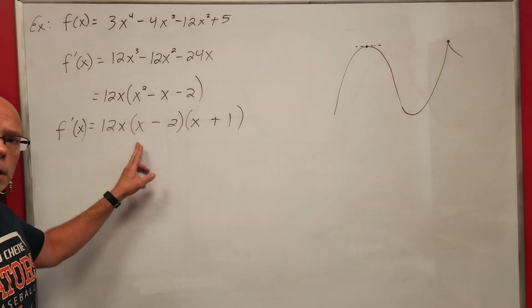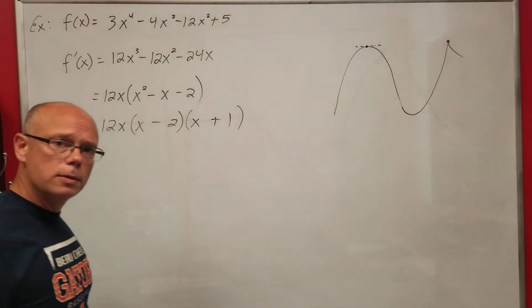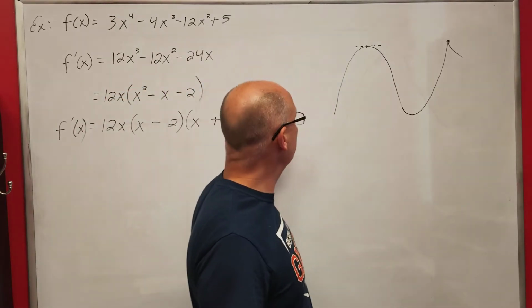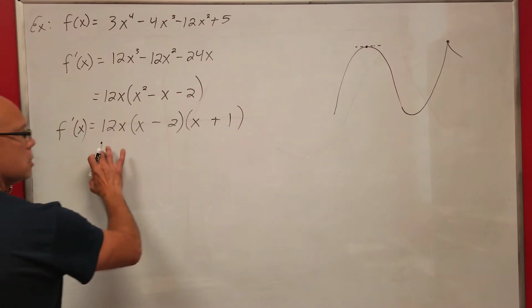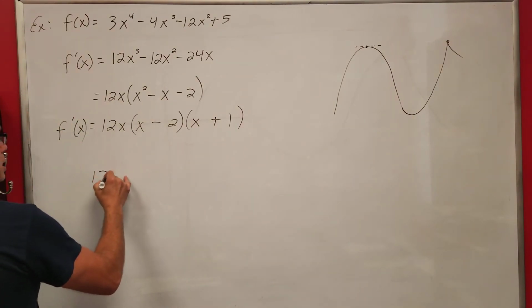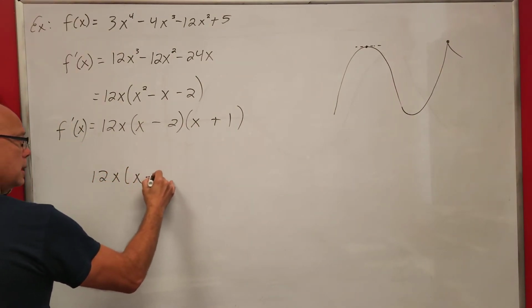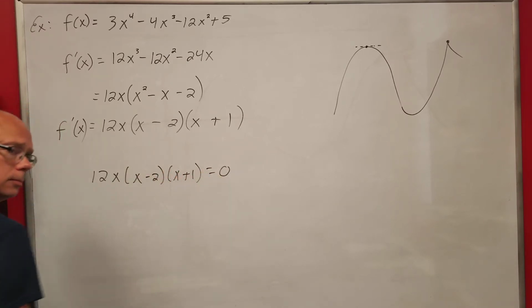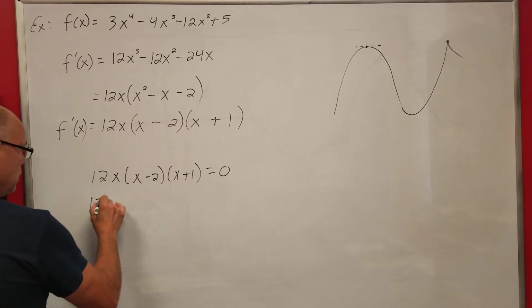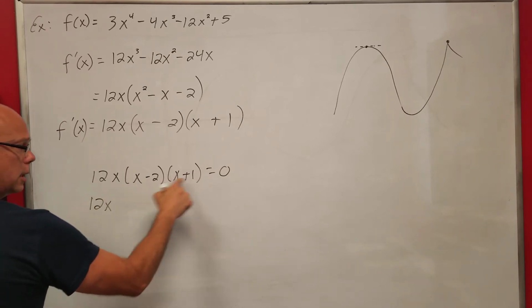All right, now, what am I looking for? I'm looking for where the slopes of my tangent line, or my derivative, is 0 and where it's undefined. So let's take this derivative and set it equal to 0. Well, we just take each factor and set it equal to 0.